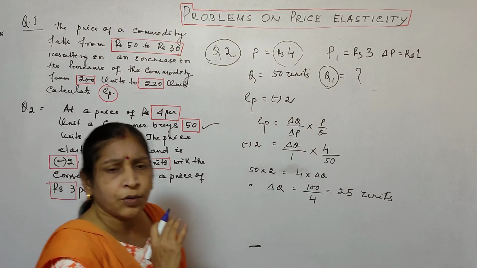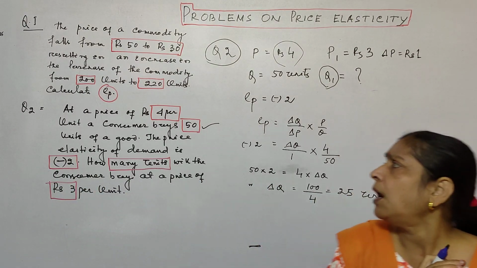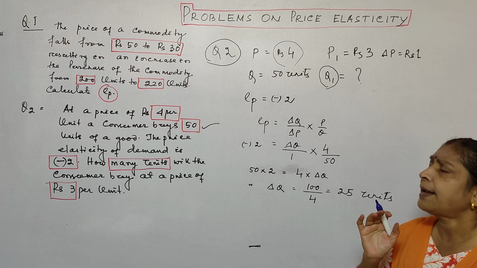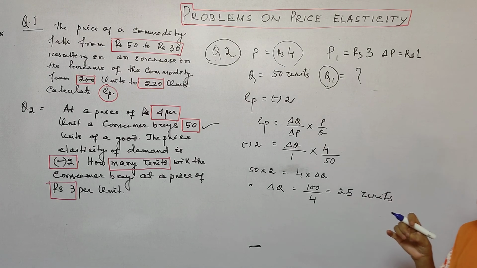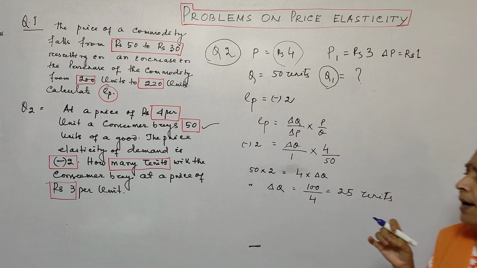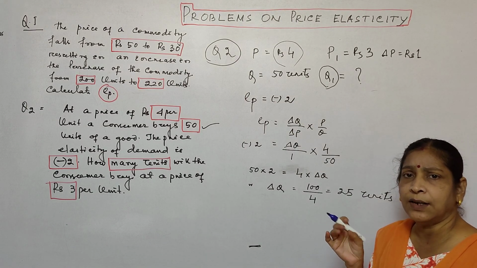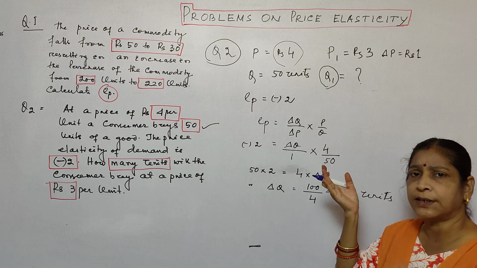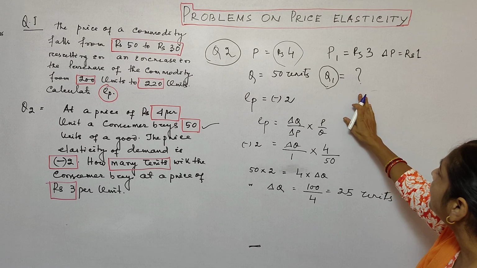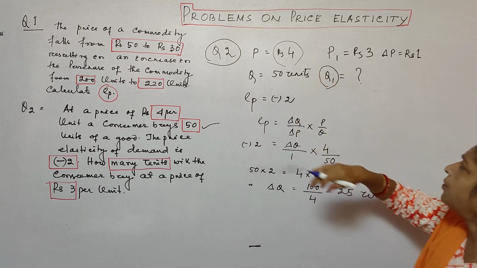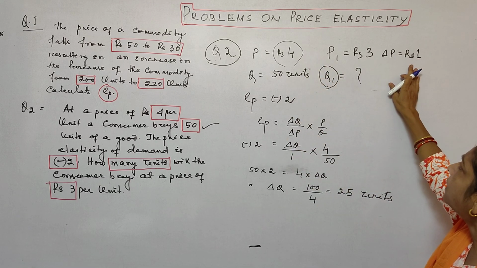So friends, we know that according to the law of demand, as the price of a commodity goes down, the demand of the consumer for the commodity goes up. Price goes down, demand goes up. Here the initial price was rupees 4 and the final price was rupees 3.